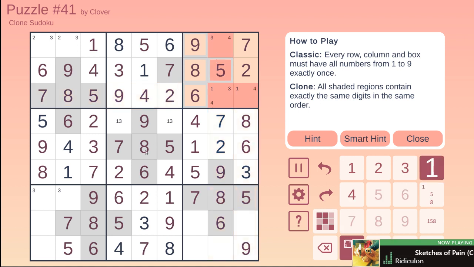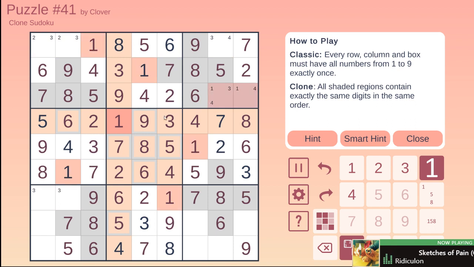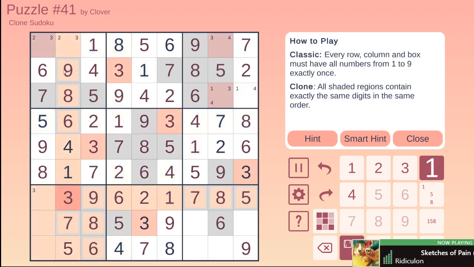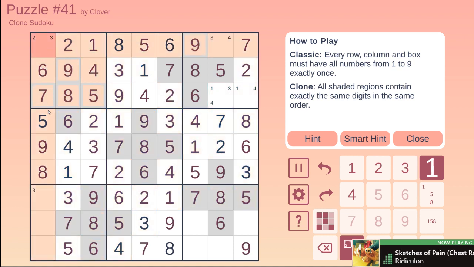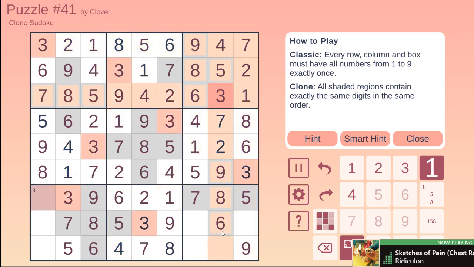That's fine. We know this is a 3 and this is a 1. We have that center square filled. This is a 3, this is a 2, this is a 3. This is a 4. This is a 1, this is a 3. There we go. This is a 1.